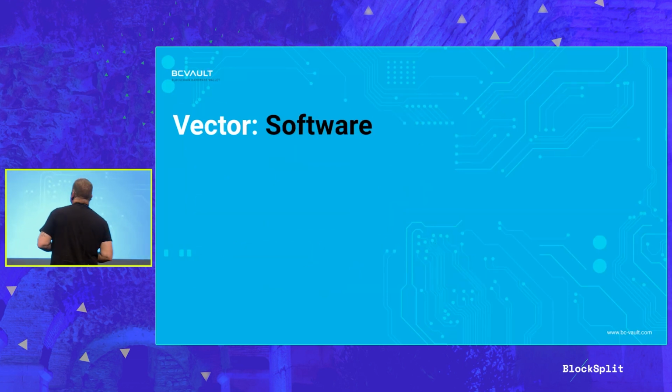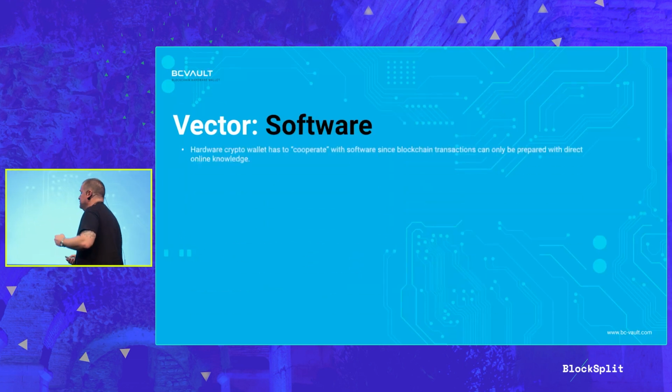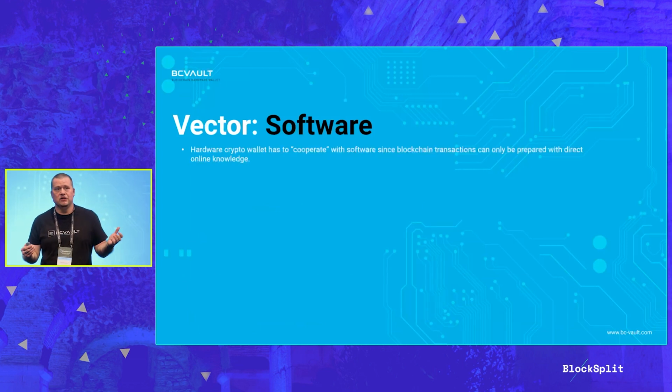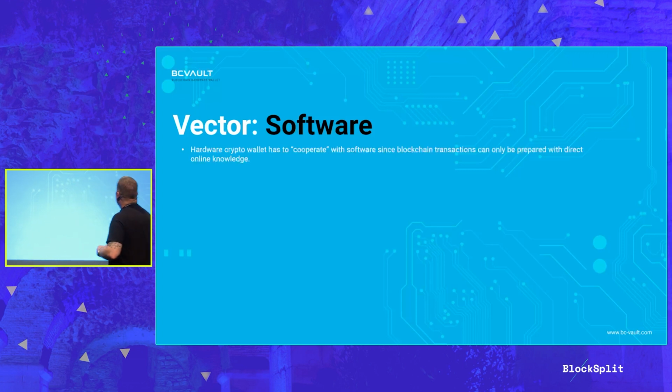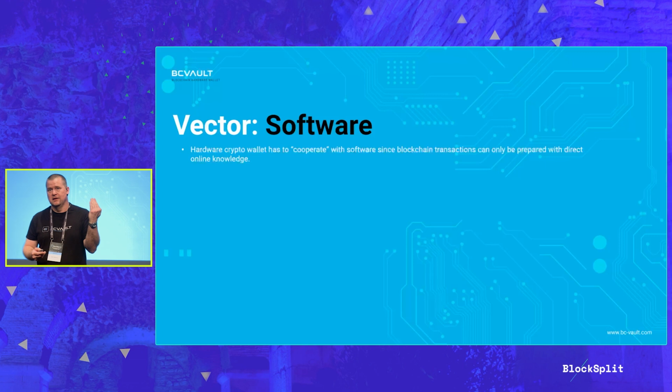So the next one, software. That's a big one. The problem with hardware crypto wallets is that you usually have to work on a computer to do something, or your smartphone, doesn't matter, same stuff, software. So when you interact with the blockchain, even if you have the most powerful wallet, you cannot get the data without the software.